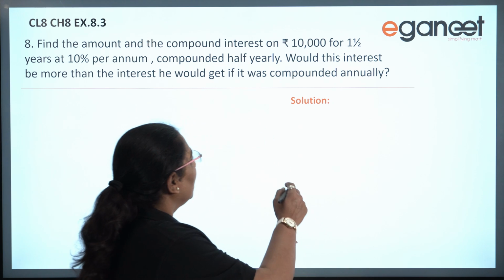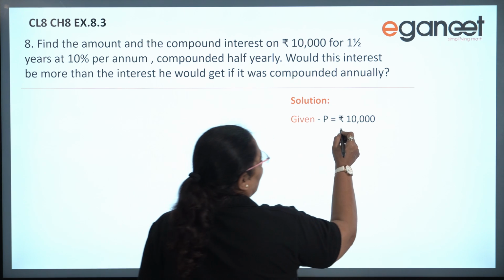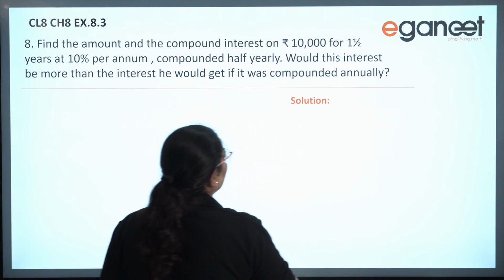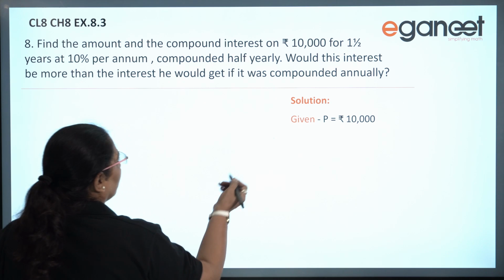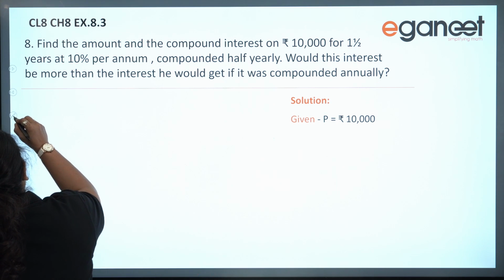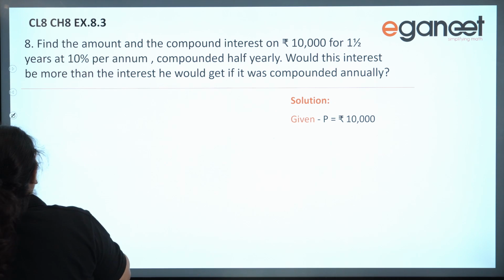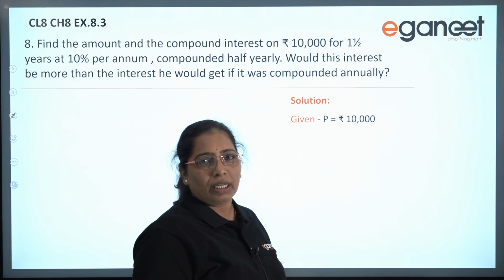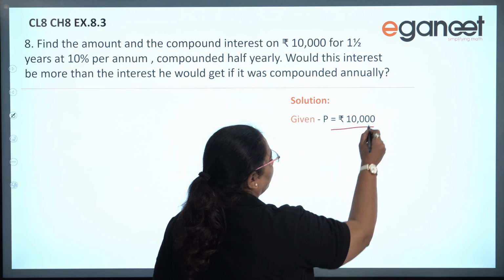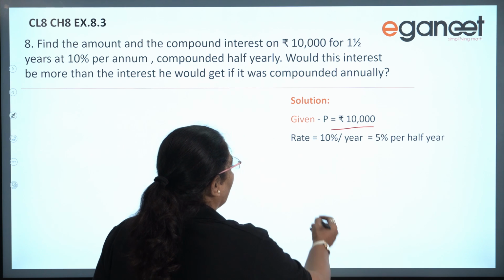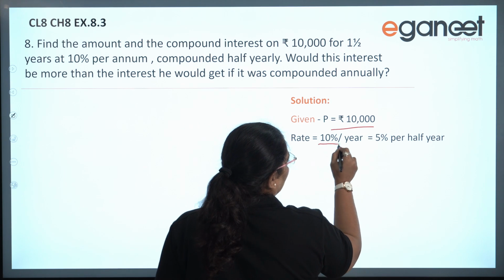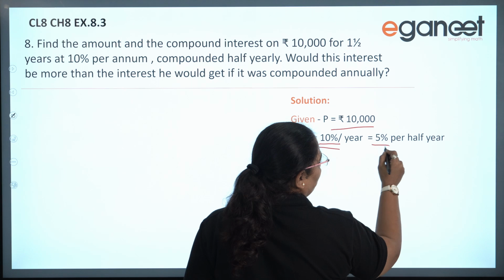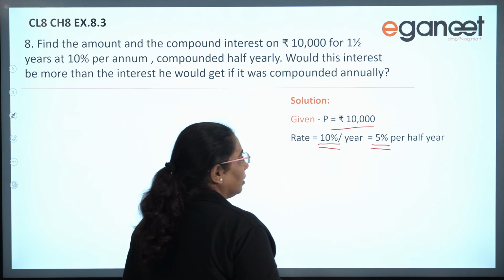What is given? Given that the principal amount is rupees 10,000. Then rate of interest per year is given 10%. So for half year it is 5%.